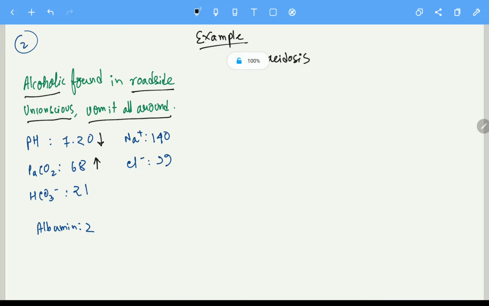PaCO2 is 68, which is more than 45, which means it is a respiratory disorder, respiratory acidosis, and in an alcoholic with vomiting, it is an acute disorder, so acute respiratory acidosis. In acute respiratory acidosis, the compensation formula for bicarbonate is 24 plus the difference between PaCO2 68 minus 40, divided by 10. 68 minus 40 is 28, 28 by 10 is 2.8, 24 plus 2.8 is 26.8.